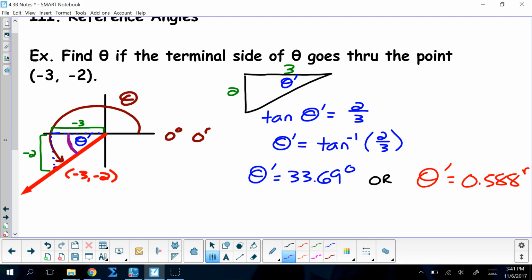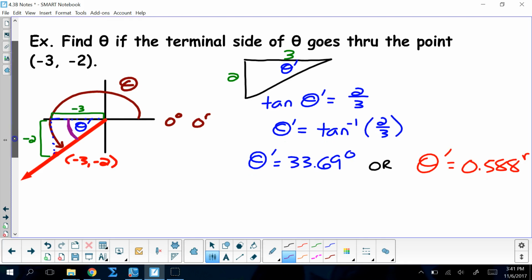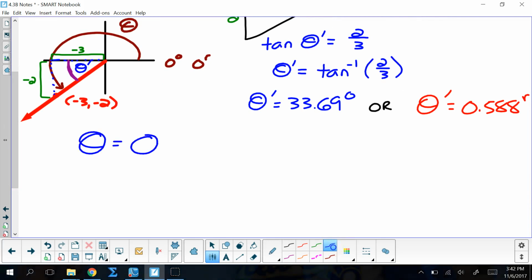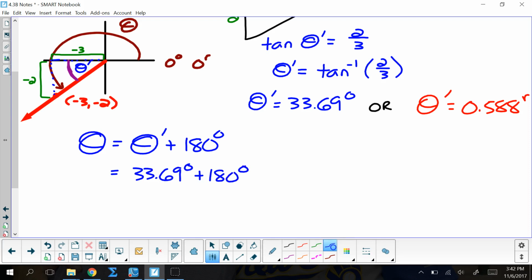I want the whole angle, so I've got to add 180 degrees to that. So theta is going to be my reference angle plus 180 degrees. So that would be 33.69 degrees plus 180 degrees. So theta would be 213.69 degrees.